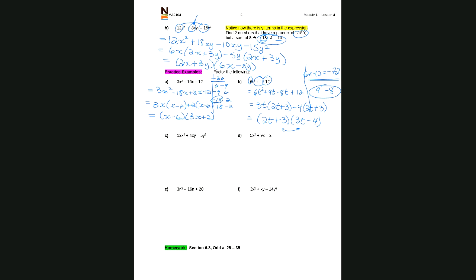For question C, there's a y squared term at the back, so we've got to make sure we have a y term in there. Multiplying 12 times negative 5, that's negative 60. Okay, again, there's a lot of factors for negative 60. So there's 6 and 10 that come to mind, but there's also 2 and 30, right?